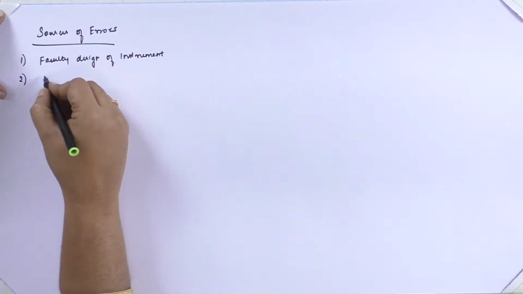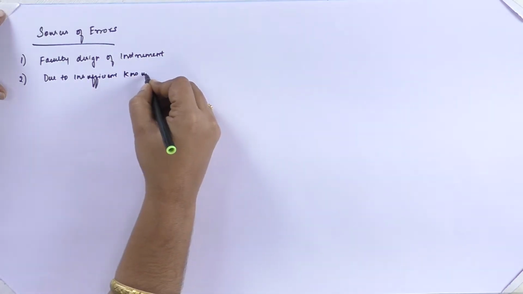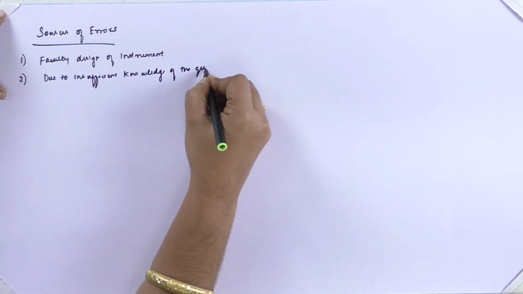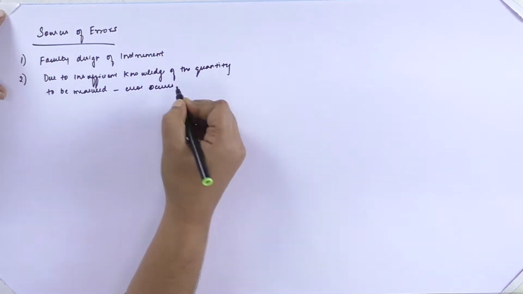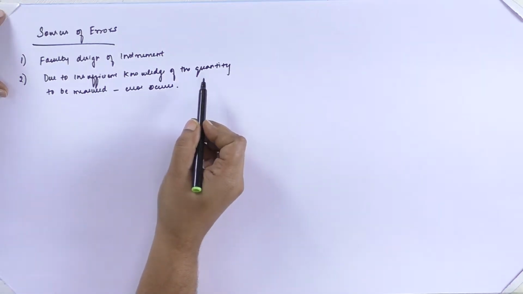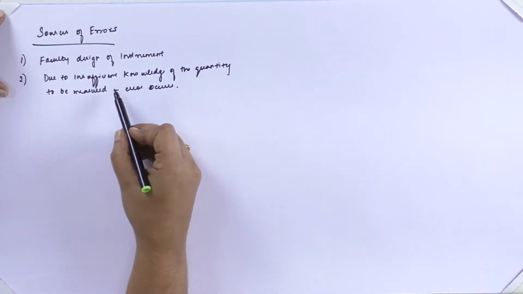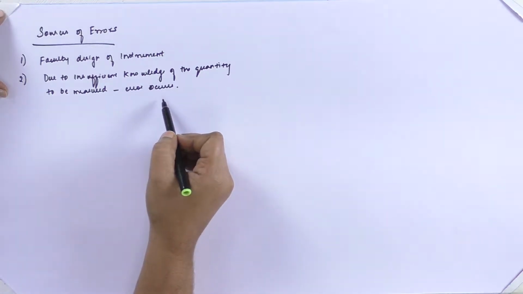Second one, due to insufficient knowledge of the quantity to be measured, the error occurs. If a person who is measuring does not have sufficient knowledge about the quantity which is to be measured, a serious error will occur.